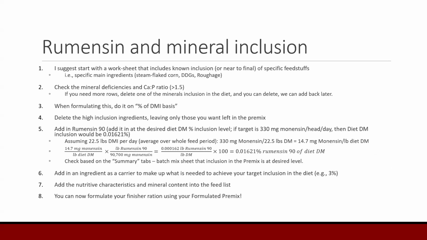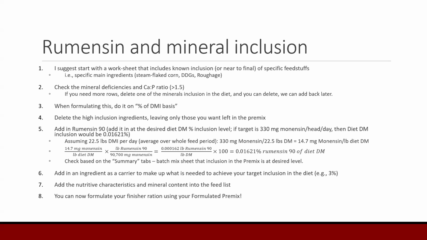Rumensin and mineral inclusion. So this would be making our tightly medicated feed. When we're formulating a ration using the calculator, you're going to have to formulate the ration, then delete out your non-premixed ingredients.